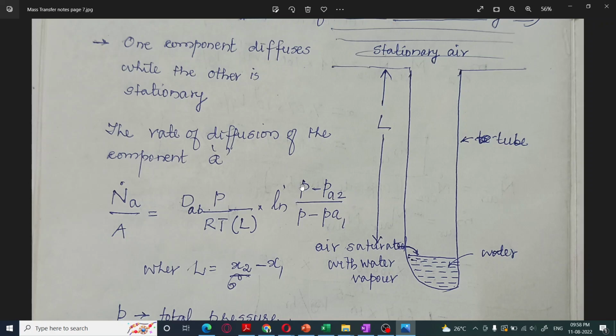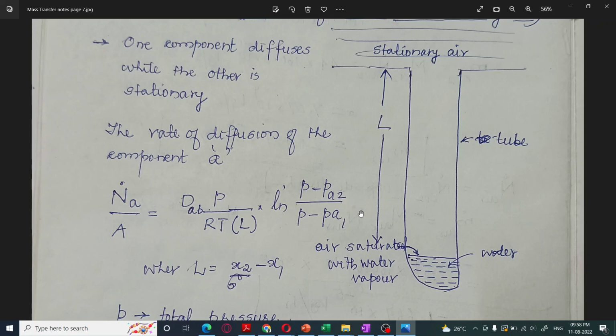Now P is the total pressure and PA is the partial pressure of water vapor. This A stands for the particular component of our interest, so our component of interest is water vapor. So PA at this height and P minus PA1 at this height.